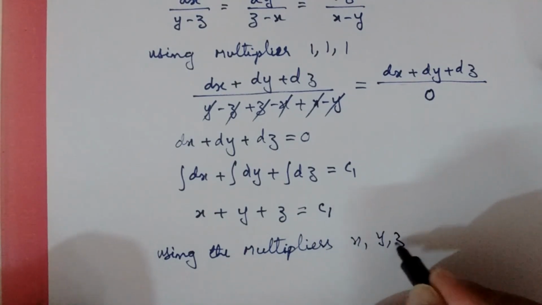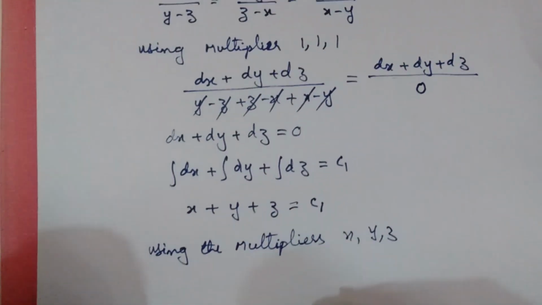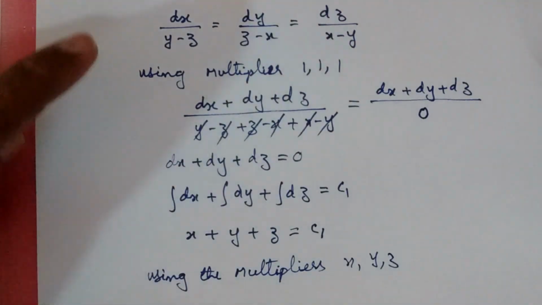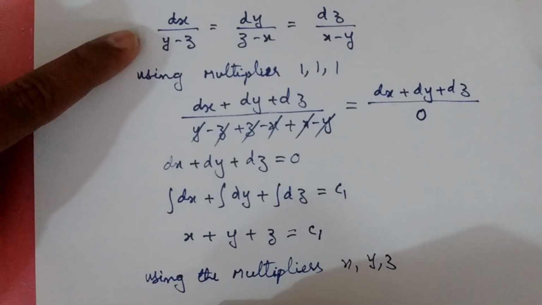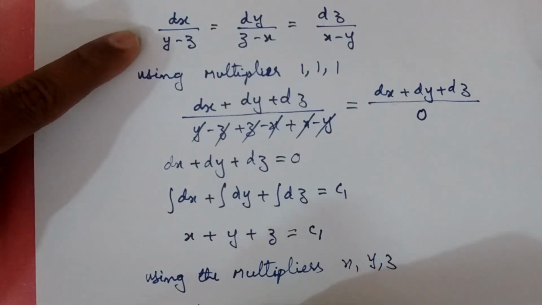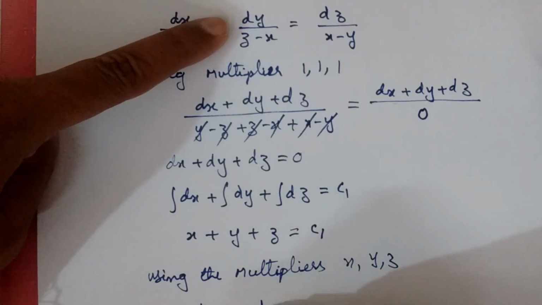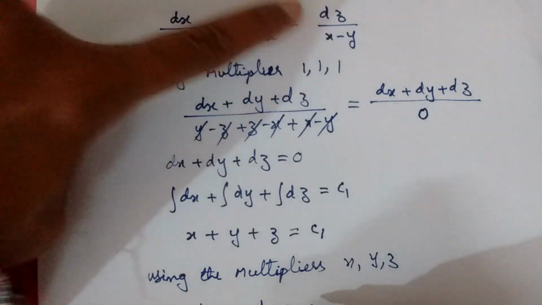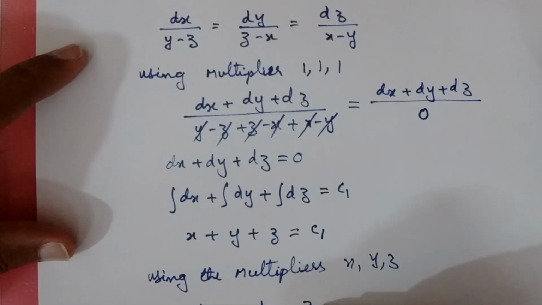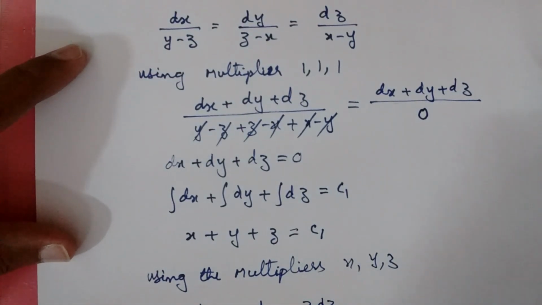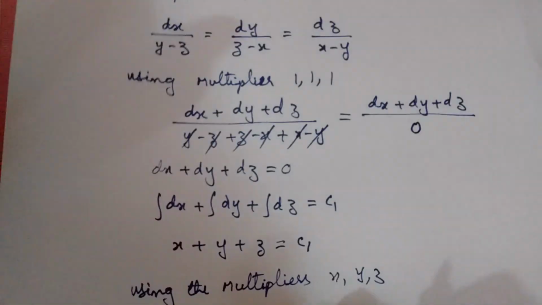Here we take the multiplier x, that is x times dx, plus in the second case the multiplier will be y, so y times dy. In the third case we are taking z, so z times dz. Those are the multipliers that we have.